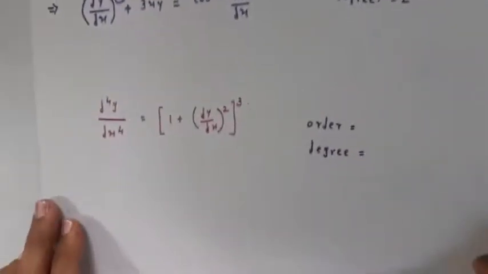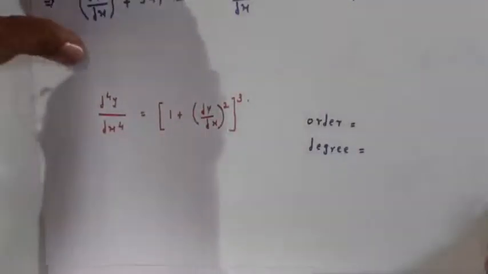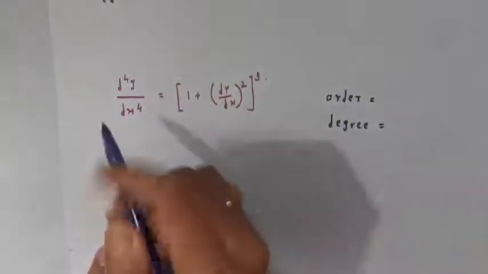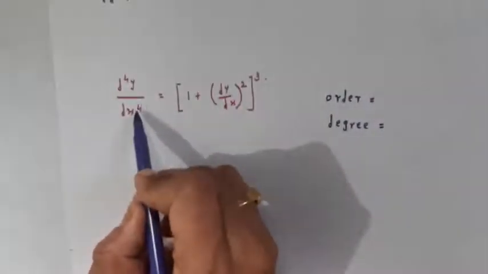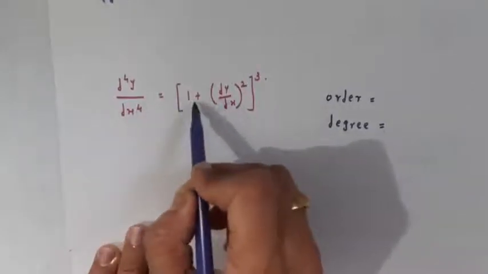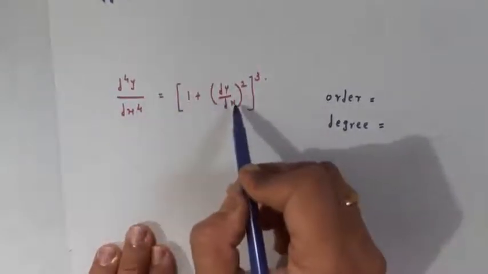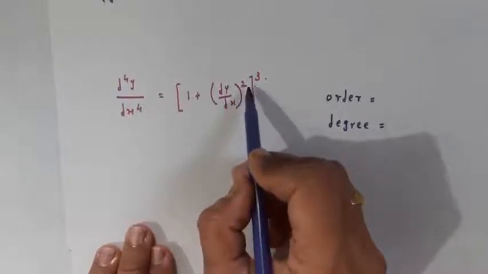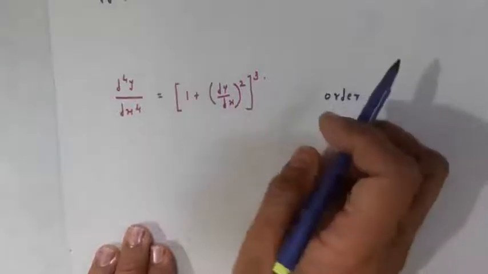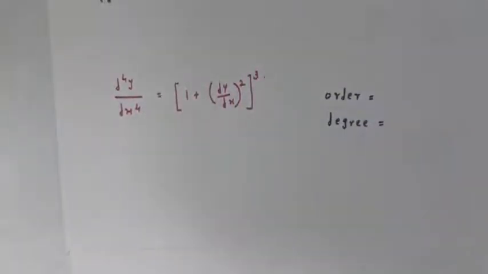Now the next example is d⁴y/dx⁴ equal to (1 plus (dy/dx)²) to the power 3. Okay students, remember how we decide the order and degree.